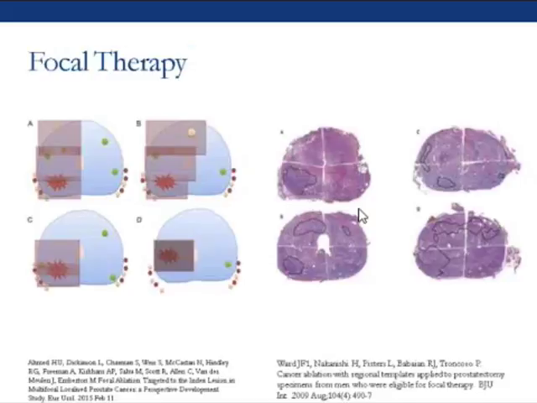The problem is the majority of prostate cancers is shown in slide A on that pathology specimen. That's unifocal disease, and that only occurs about 10 to 15% of the time. So most men with prostate cancer have multifocal disease. So how do you treat a multifocal disease with a focal ablative therapy?